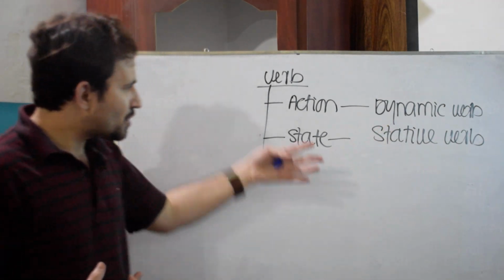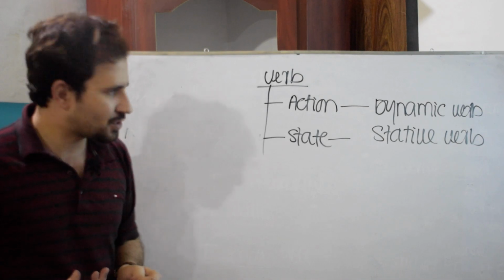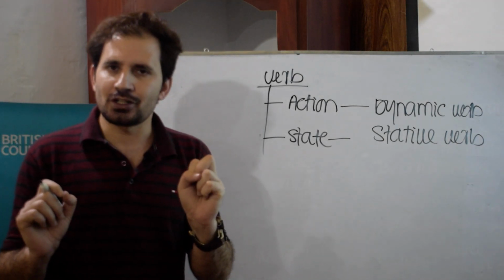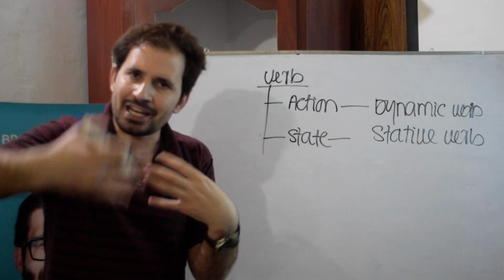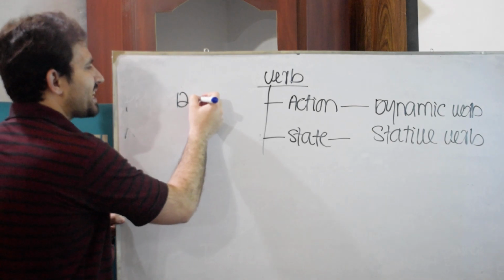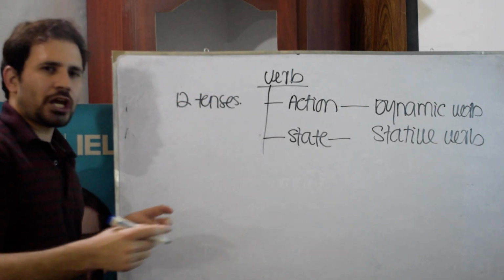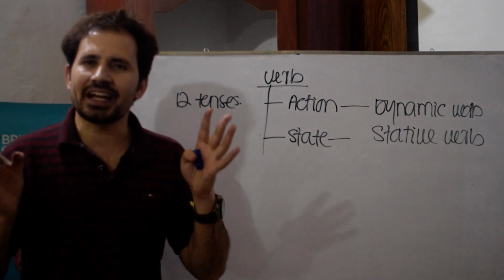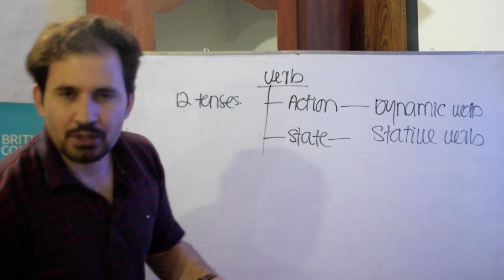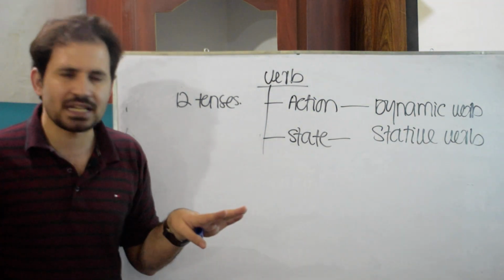So we want to do a comparison of stative verbs and dynamic verbs. The first thing is that an action verb shows an action, and action verbs are used in all 12 tenses, whether simple present, simple past, perfect tense, whatever tenses they are.